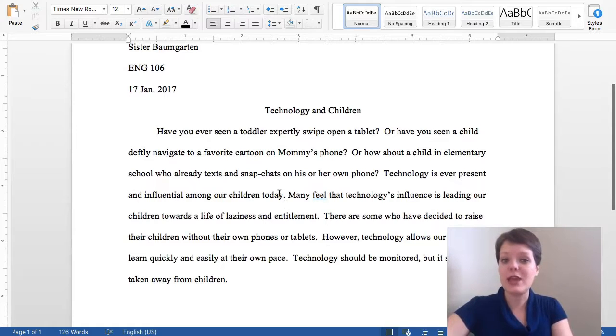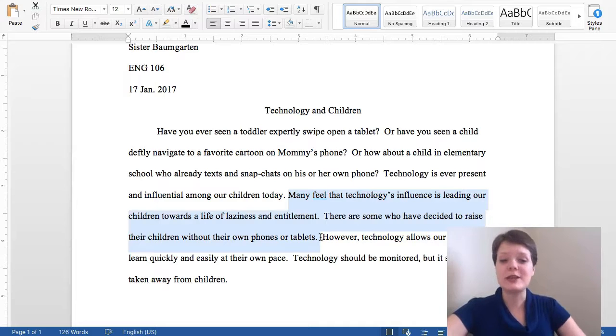Start with maybe hinting at the opposing viewpoint, is what I've done here, by saying many feel that technology's influence is leading our children towards a life of laziness and entitlement. There are some who have decided to raise their children without their own phones or tablets. So there's a little opposing viewpoint, and then I state what my thesis is, or what my opinion on this matter is.